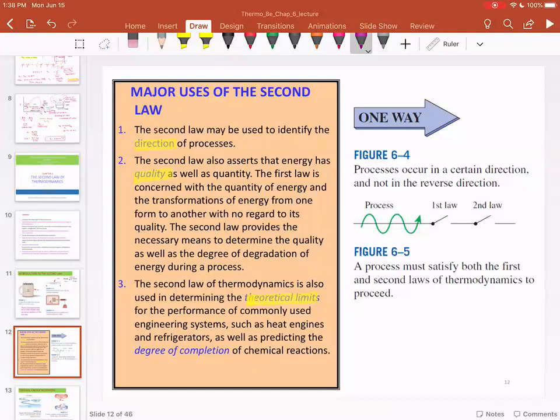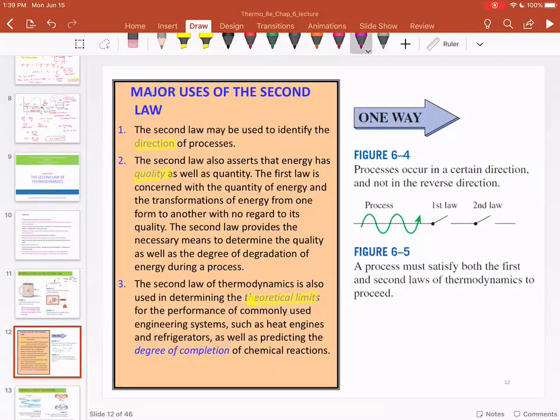And that is the major advantage of the second law. And second law leads to the concept of third law, which is sometimes also called the law of entropy. And we will talk about it in today's class or in the next class.